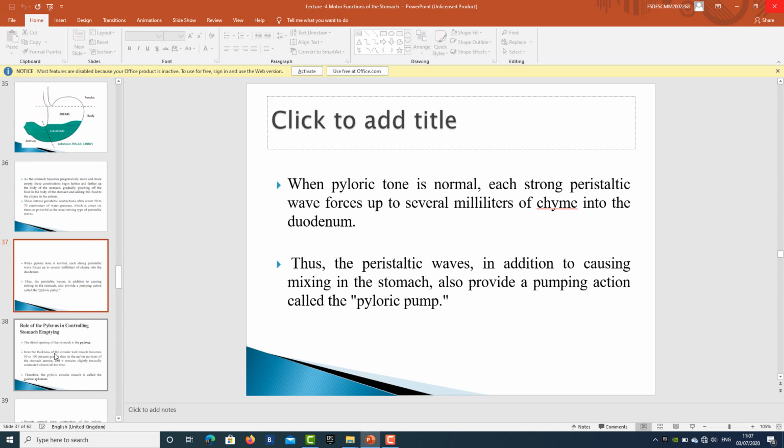When the pyloric tone is normal, each strong peristaltic wave forces up to several milliliters of chyme into the duodenum. Thus, the peristaltic waves, in addition to causing mixing in the stomach, also provide a pumping action which is known as the pyloric pump.